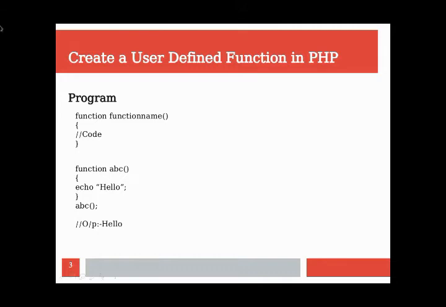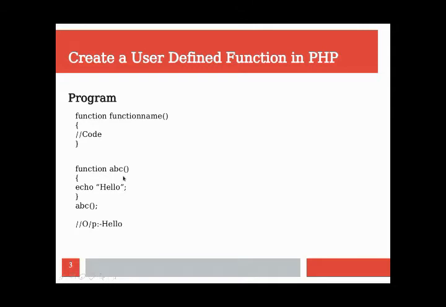We will see the example of a function. You have to write the word function and then the function name, empty parentheses, and within left and right curly brackets, you write the statements, that is, the PHP code. Here is the actual example: function ABC.